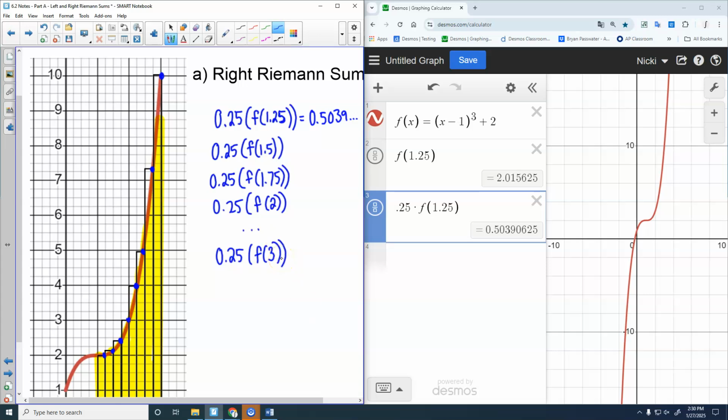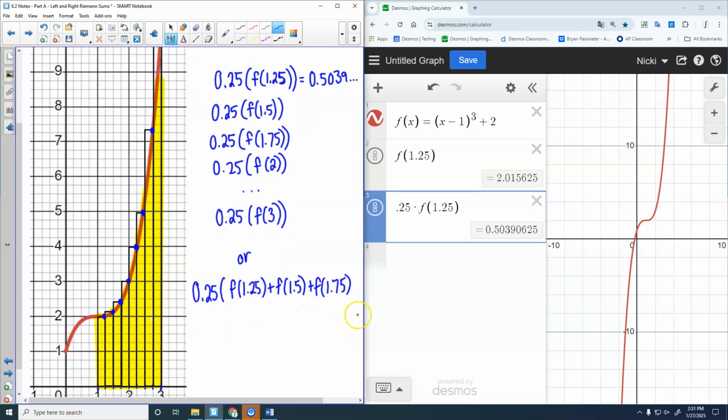Now, if I want to type this into the calculator, I could shortcut it a little bit, right? Since every single one of these is multiplied by 0.25, I could factor that 0.25 out front. So I could just write it like this: 0.25 times f of 1.25 plus f of 1.5 plus f of 1.75.